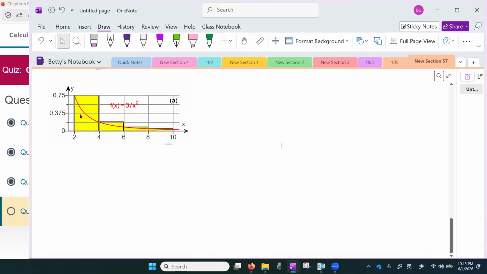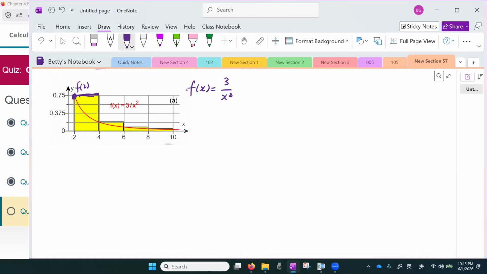So how many rectangles? 1, 2, 3, 4. 4 rectangles. And the function is f of x equals 3 over x squared. The first rectangle, the height is f of 2. I hope you see it. This point, x value is 2, y value is f of 2.